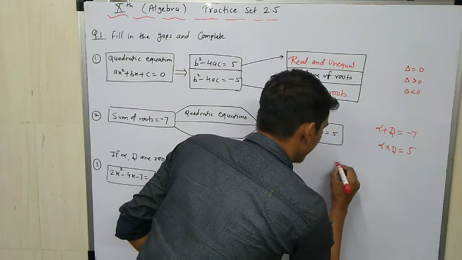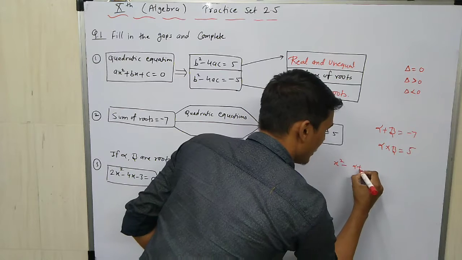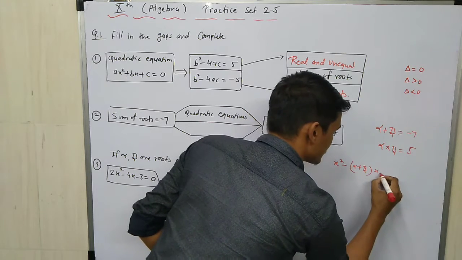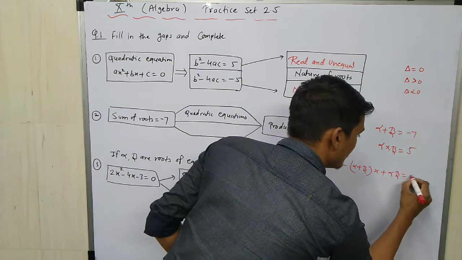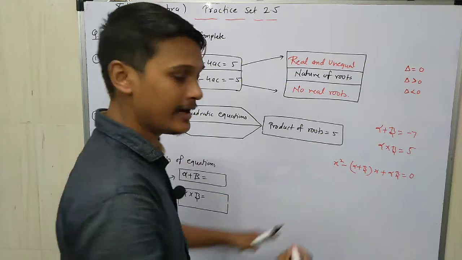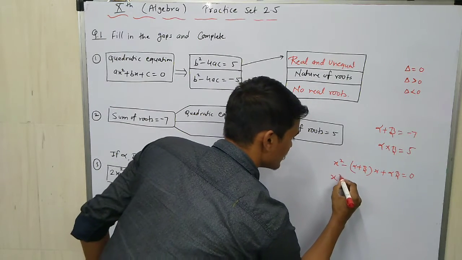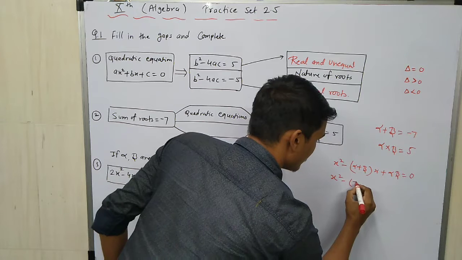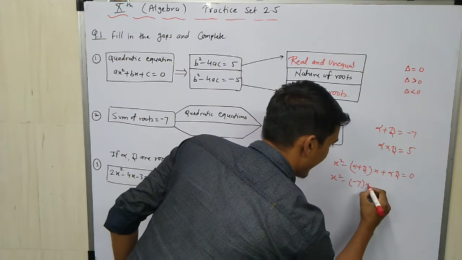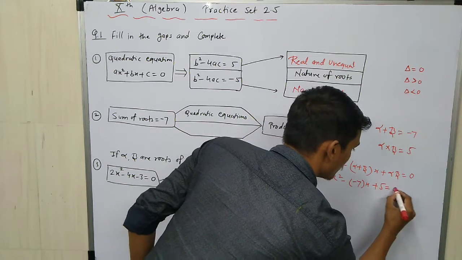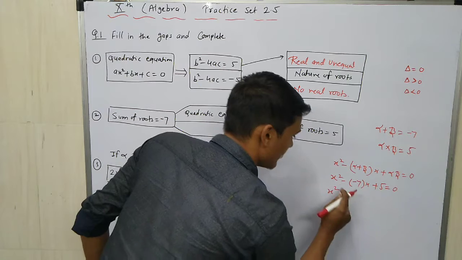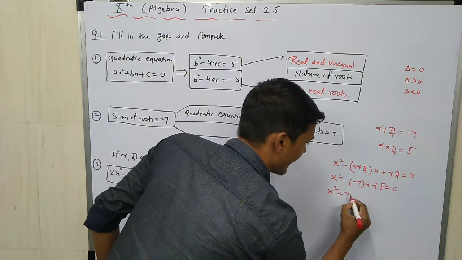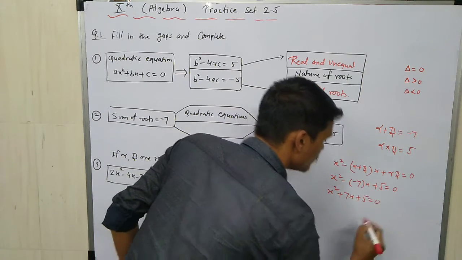Then the quadratic equation is x square minus (alpha plus beta) x plus alpha into beta is equal to 0. Clear? Putting the values, x square minus (alpha plus beta), which is minus 7, x plus 5 is equal to 0. x square plus 7x plus 5 is equal to 0.